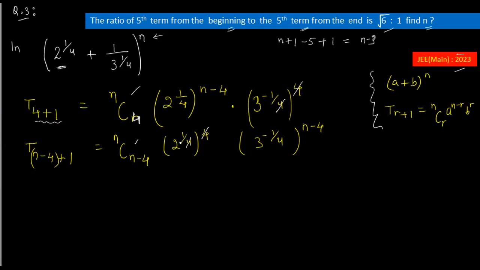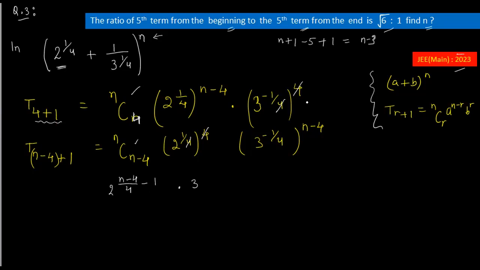Let us divide: this is 2^((n-4)/4) over 2^1. Once we divide, the exponents get subtracted. So this is 2^((n-4)/4 - 1) into 3^(-1) divided by 3^(-(n-4)/4).